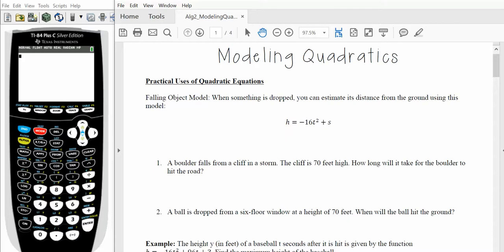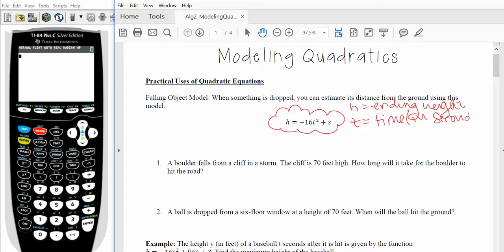So a falling object model: when something is dropped, you can estimate its distance from the ground using this model. This model here is the generic way to calculate a falling object. If we talk about what each of those things mean, H stands for the ending height, and T, hopefully we all know, stands for time in seconds that an object falls.